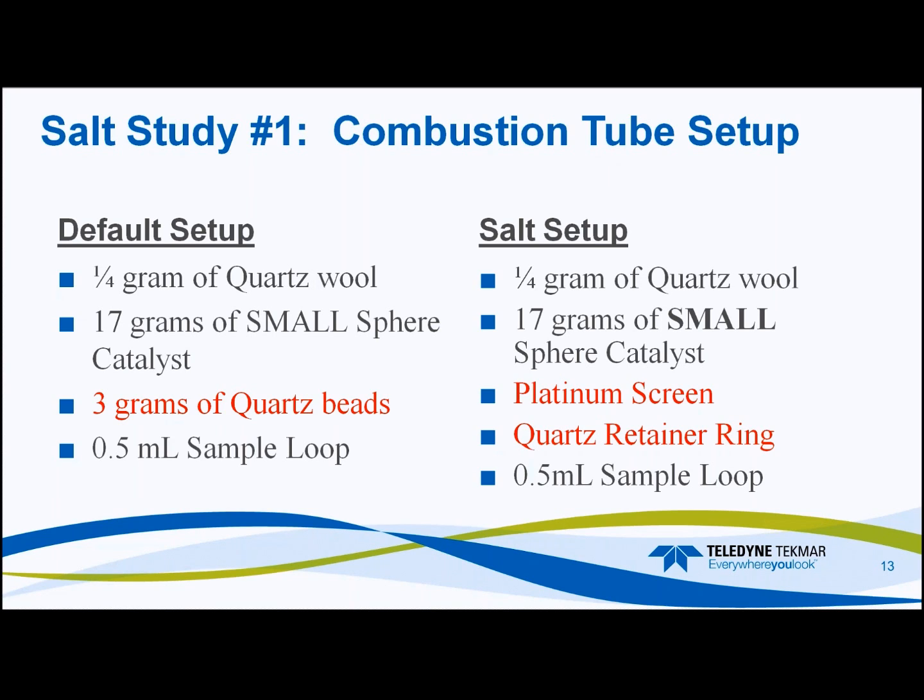The reason for that is when you're using really small catalysts like that, once you inject the sample onto the top of the catalyst, with a flow of about 200 mils going through the system, it can cause a little bit of disruption, and you don't want that catalyst migrating its way back up and causing any restrictions in the system. So those quartz beads are only there to hold down the actual catalyst.